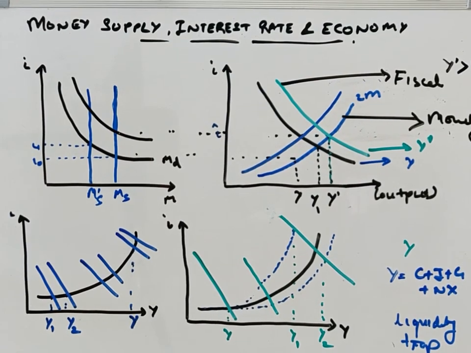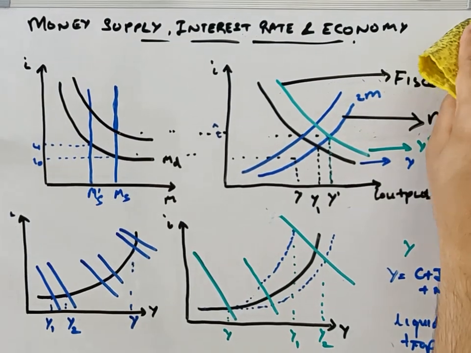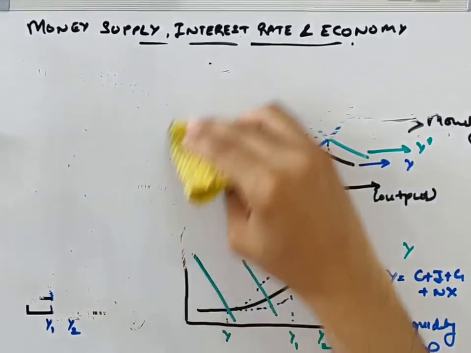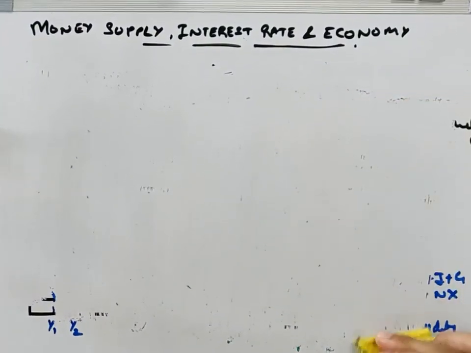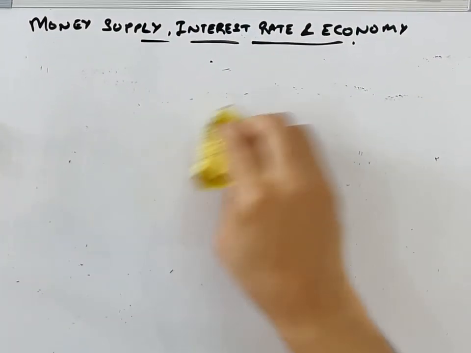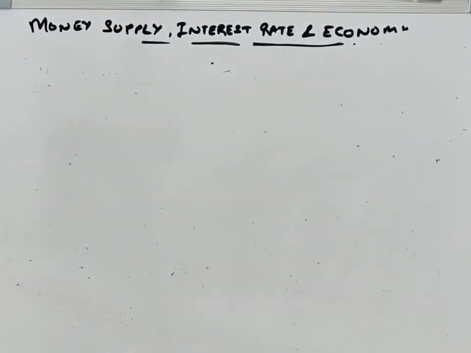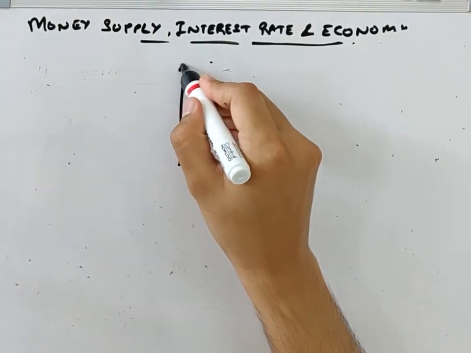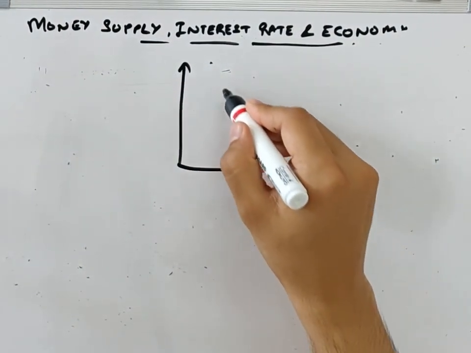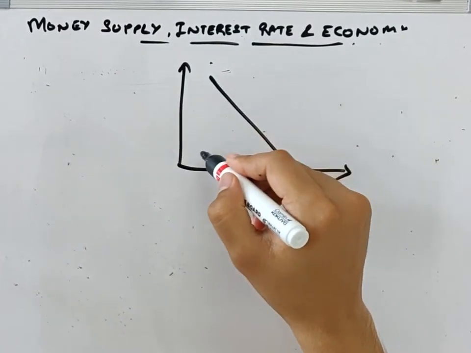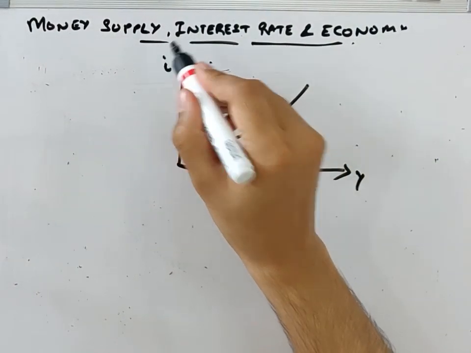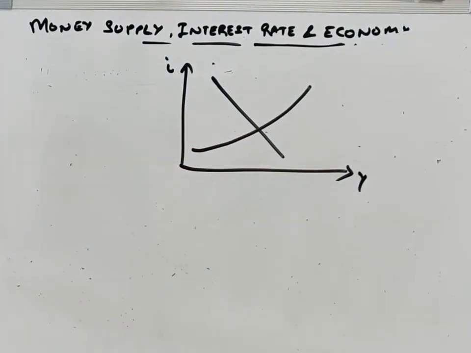Therefore, to stimulate an economy, both monetary and fiscal policies are used, since they stimulate the economy by affecting both the curves, IS and LM. This is fiscal policy, this is monetary policy, and that is the interest rate.